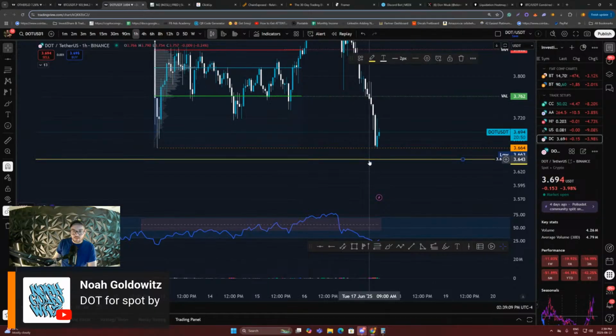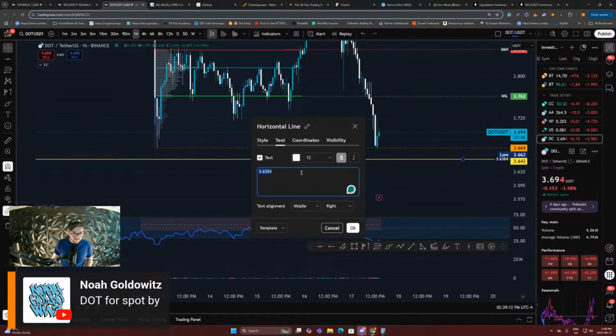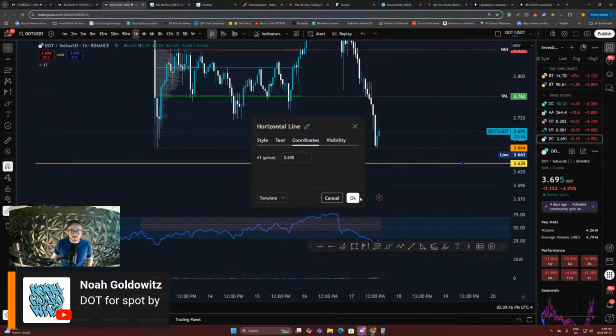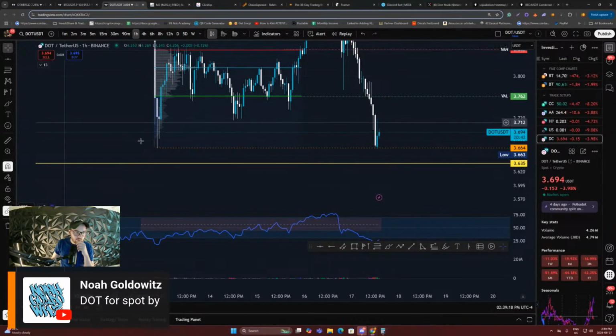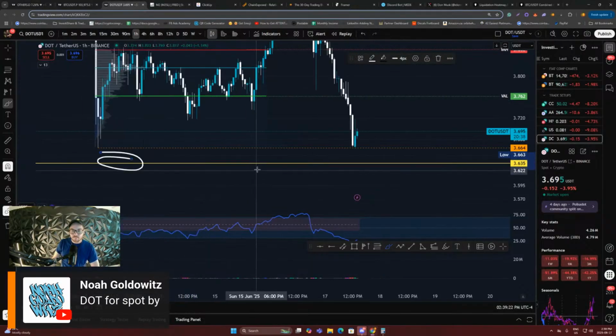Let me just type it as text. Coordinates. There we go. So most liquidity that's resting from below this wick is right here in the foundations. So we could come down, grab that before coming up.